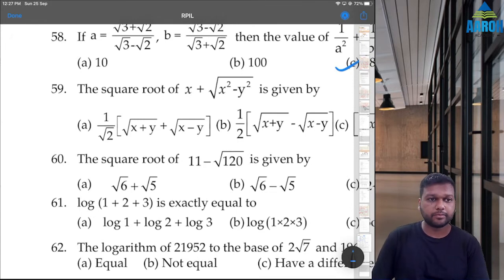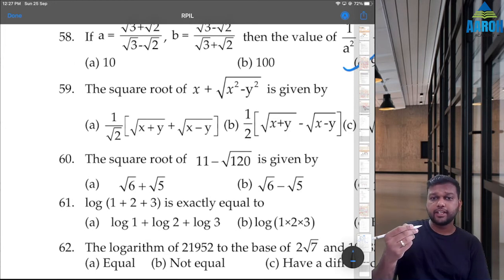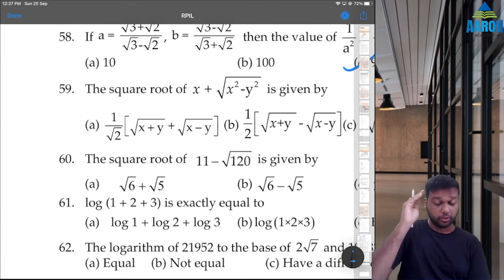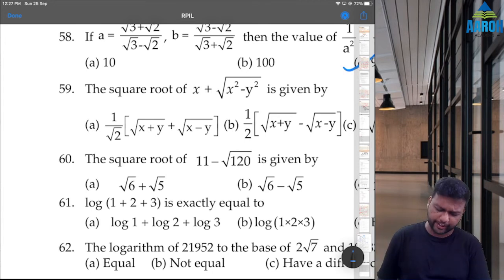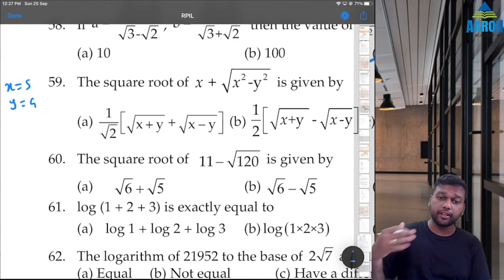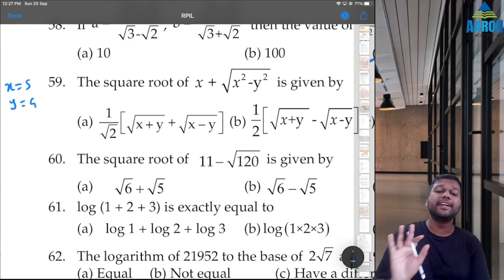See, 25 and 16 are both squares, and 25 minus 16 is 9, and 9 is also a square. So in the exam, if you can think of it immediately, you should assume x as 5 and y as 4. Does not matter, even if you assume 3, 7, 4, 2, anything, it is fine. But with 5 and 4, you will not get decimal answers.